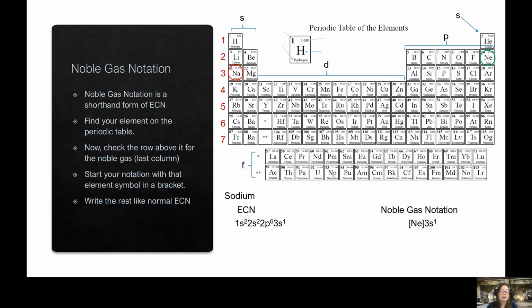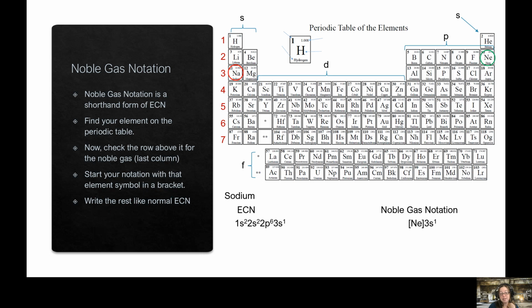And so to do that, you're going to find this guy, your noble gas. And you are going to start there. So you're going to start with that Ne in a bracket, and then you're just going to go down to the next row, and you're going to write your electron configuration notation from there.